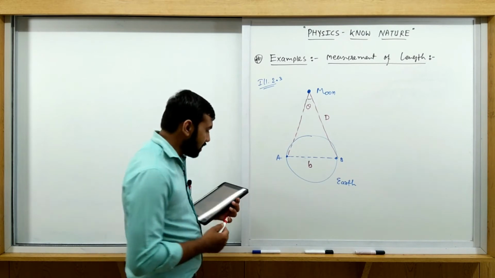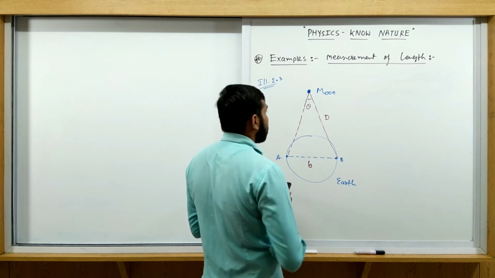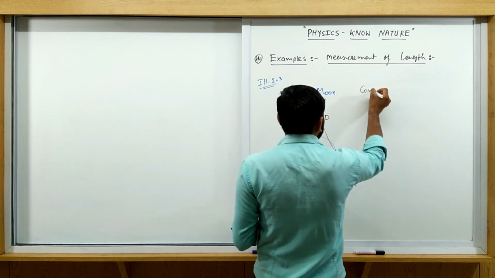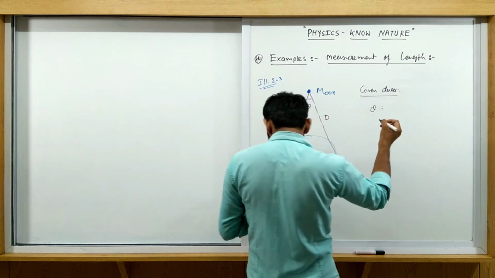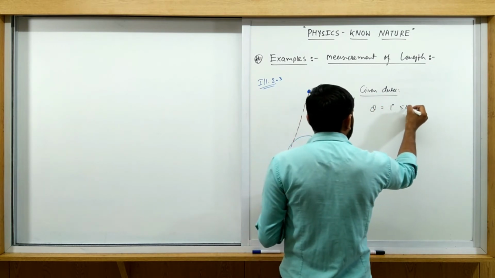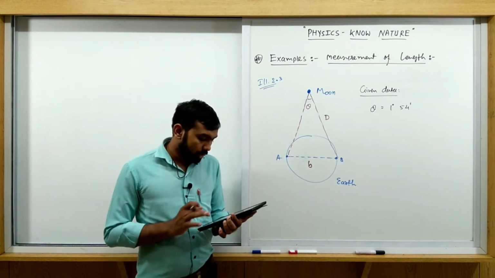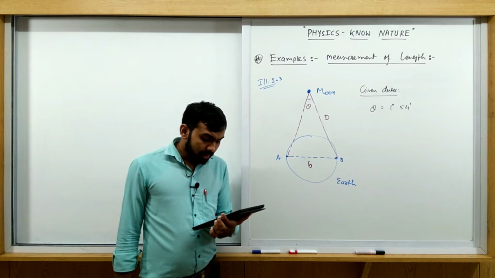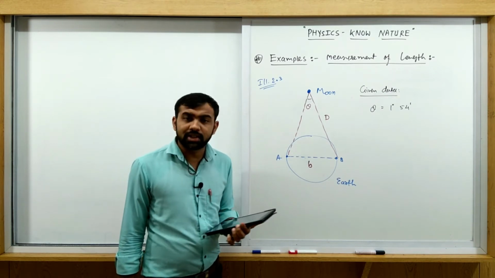What is theta given here in the problem? 1 degree 54 minutes. So write down the given data. Theta is equal to 1 degree 54 minutes. The diameter of the earth is about 1.276 into 10 raised to 7 meter.